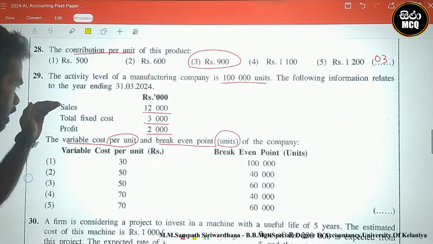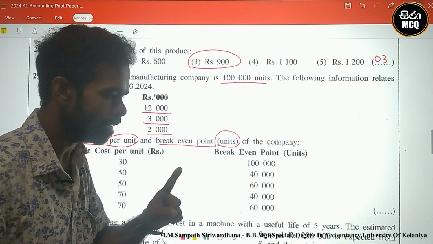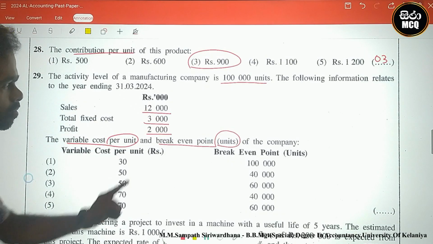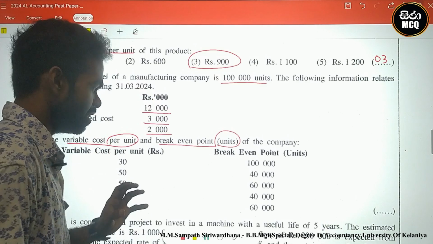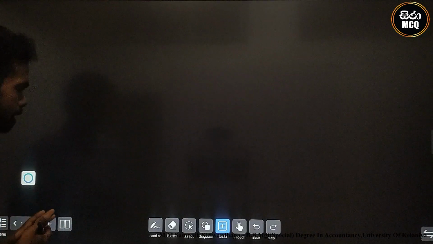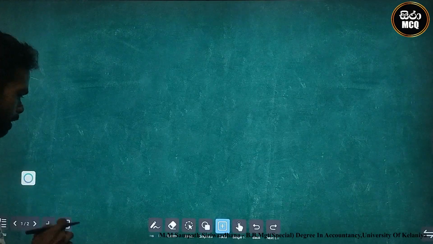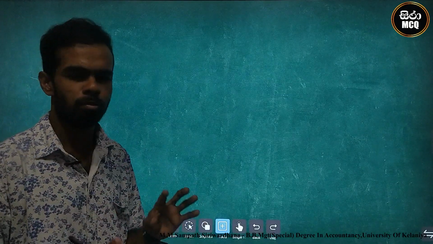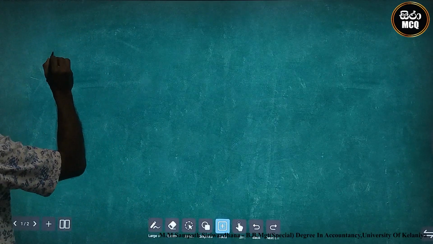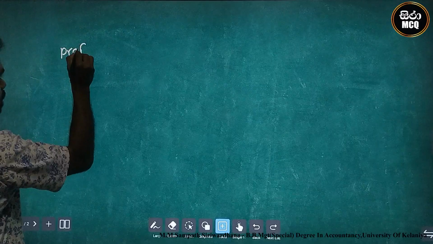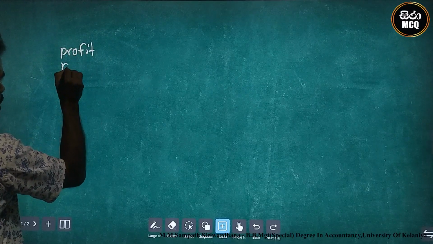Sales, total fixed cost, profit and number of units are given, so we can find all items together. There is an equation. How can we calculate profit? I calculate per unit only.